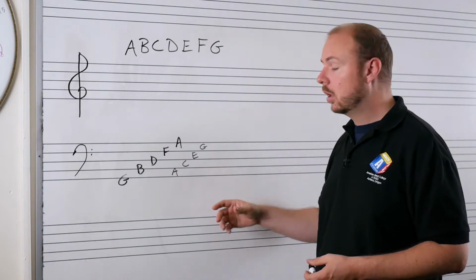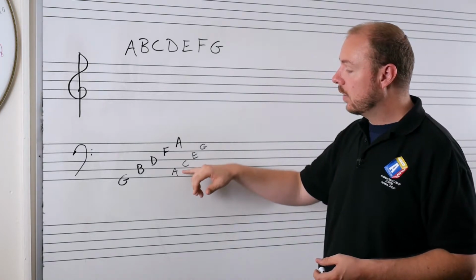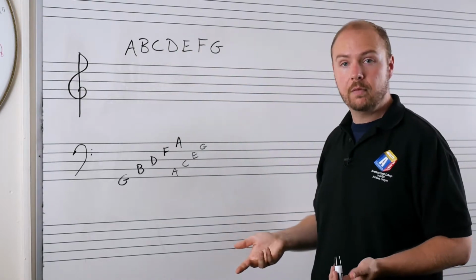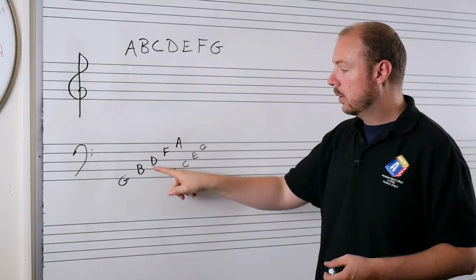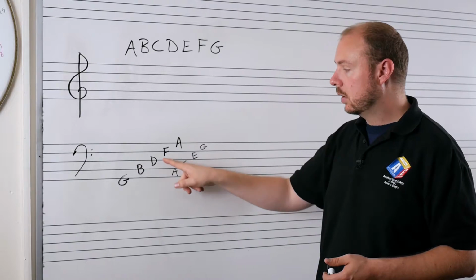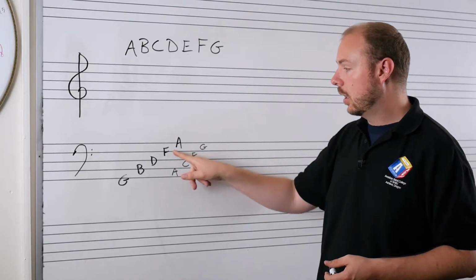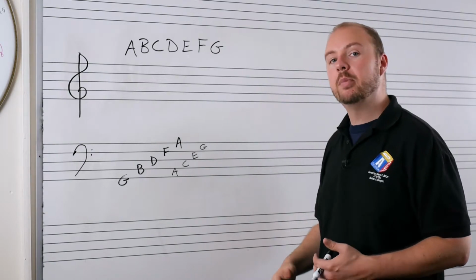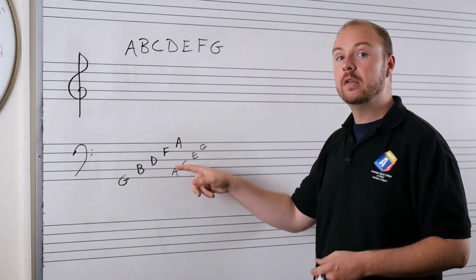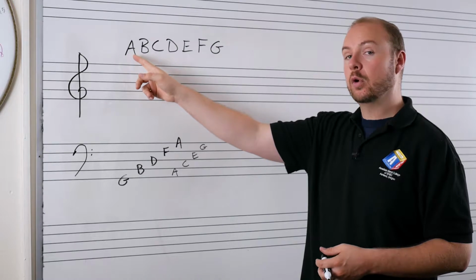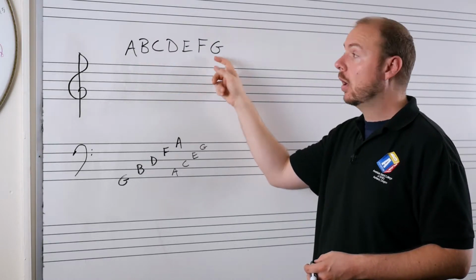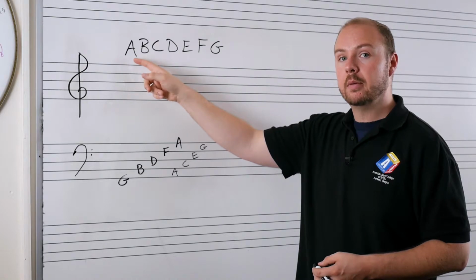Now, if you look, we see that the order goes in the same order of the alphabet: A, B, C, D, E, F, and G. Alternating back and forth between spaces and lines will move us sequentially forwards in the alphabet or backwards in the alphabet.